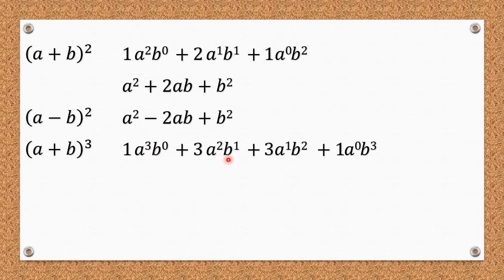A square and b, a and b square, 1 and a raised to 0 will be removed. So the final result will be a cube plus 3a square b plus 3ab square plus b cube. So you are using the same system here and you are getting the same answer which you studied in your previous standards, which you had to mug up, but not anymore.